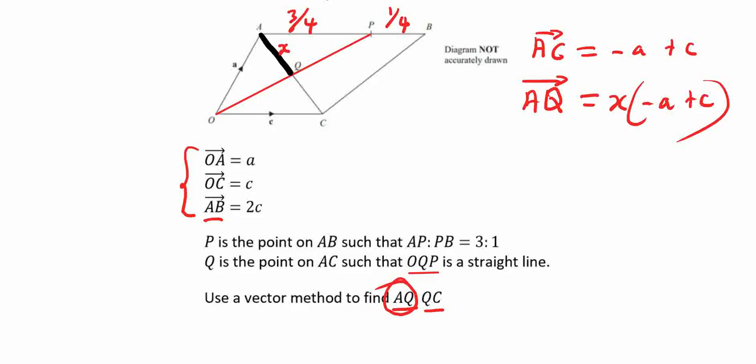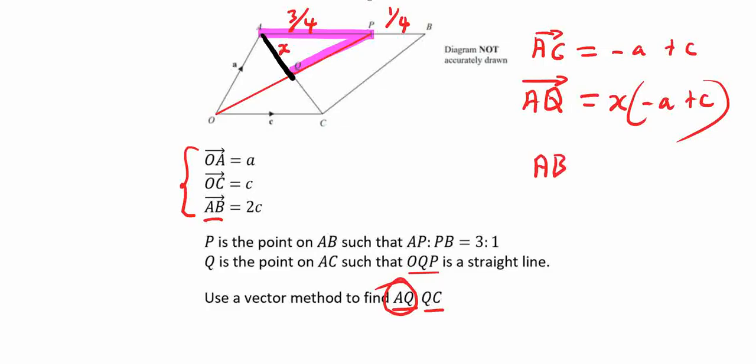So we need another expression for AQ. Let's find a means of generating that. We can also find AQ by using this and this. To find AQ, we need AP. So before we can generate AP, we need the value of AB.